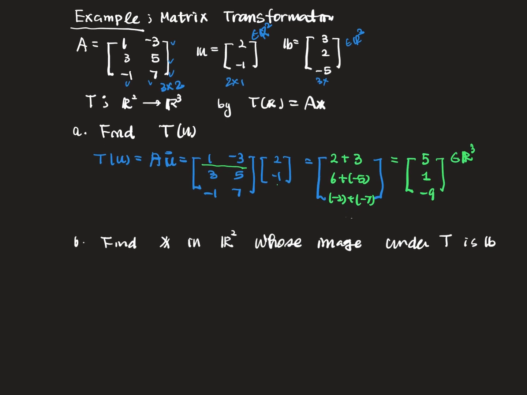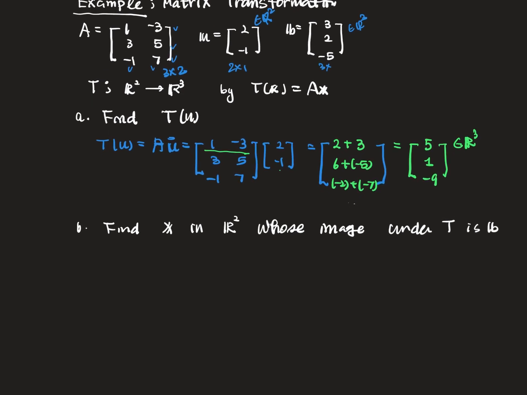Now, this time is a little different. They ask you to find x in R2, in the domain, when you are given the image under T. So they give the vector, and we have to find this one. T of x is going to be b, guys, right? How can we define it? A times x is going to be b.